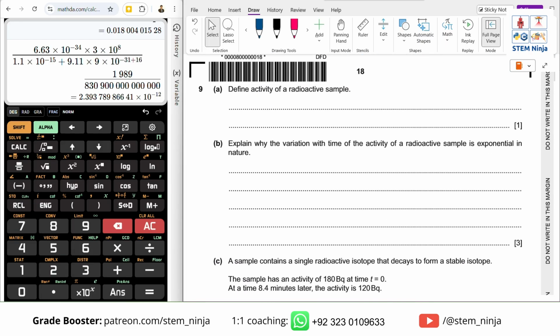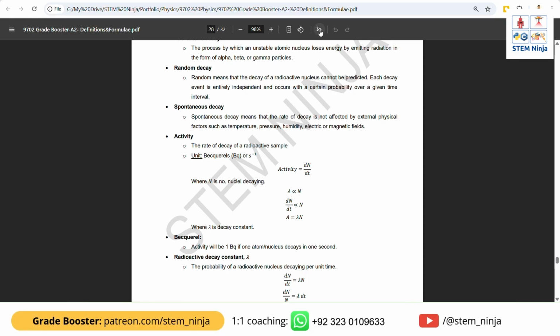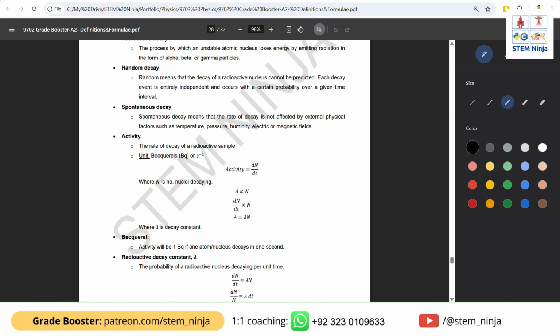Question number 9. Define activity of a radioactive sample. As you can see over here in the definitions and formulae, it's the rate of decay of a radioactive sample. You could also call it the rate of decay of the nuclei in a radioactive sample.